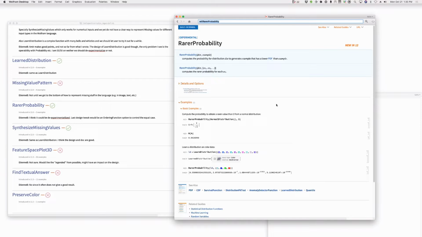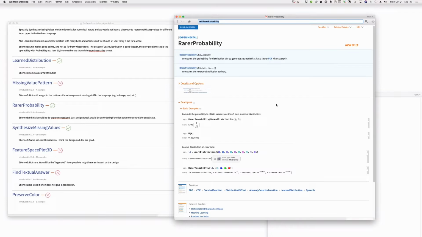So the probability for a distribution to generate a sample would have to be changed to lower-or-equal PDF. Exactly. It was pointed out by, I think, Fess Chandler, that for categorical we needed to have equal as well.